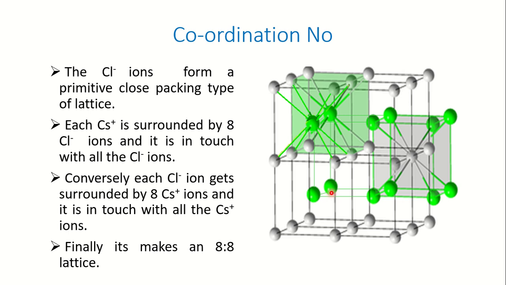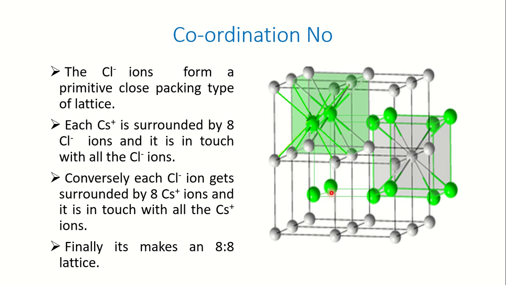So the 100 plane, that is the 200 plane of cesium chloride, is made up of either chloride ions or cesium ions. They are alternately getting repeated. The 110 planes are made up of an equal number of cesium and chloride ions, while the 111 plane is actually the 222 plane, and here also there is an alternate repetition of either chloride ion or cesium ion.